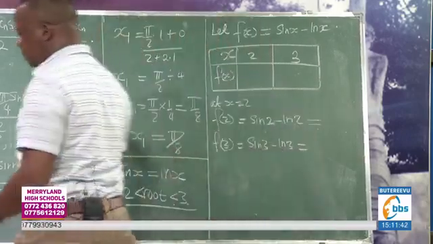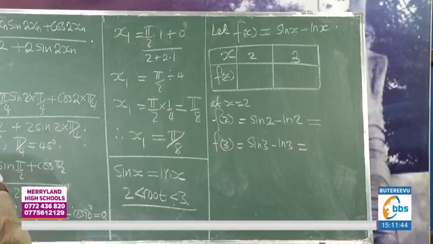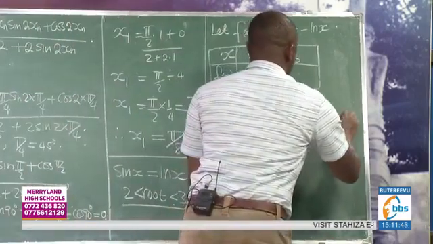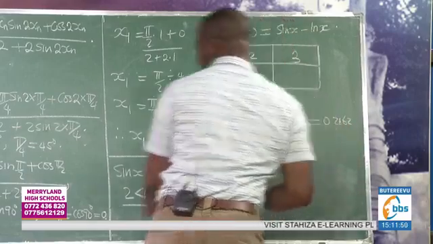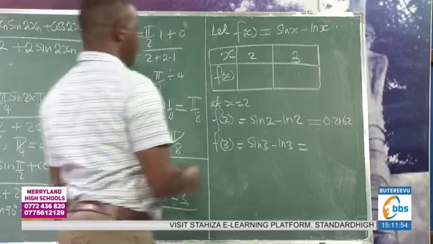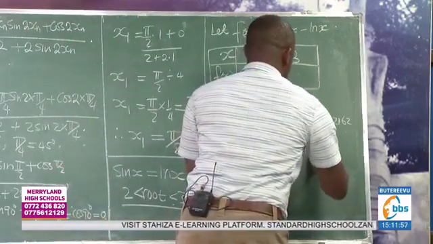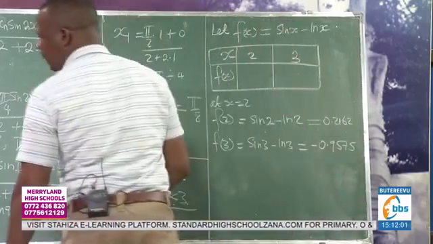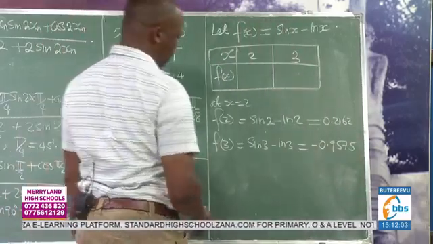When you compute this, you should be able to get 0.2162 and negative 0.9575.